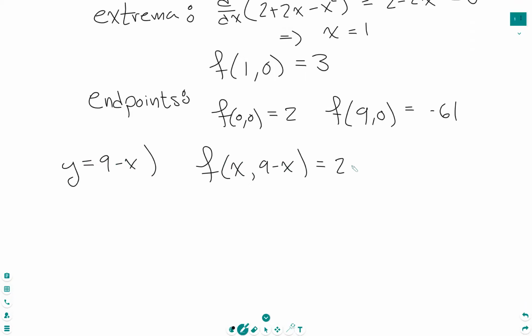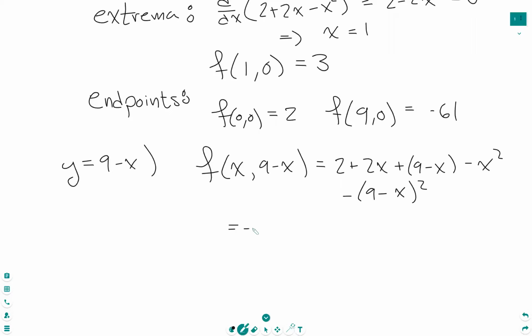This is a 2 plus 2x plus 9 minus x squared minus 9 minus x squared. So we can go ahead and simplify that.